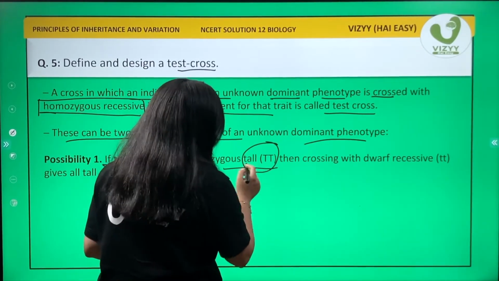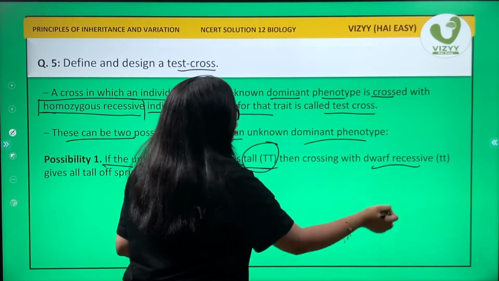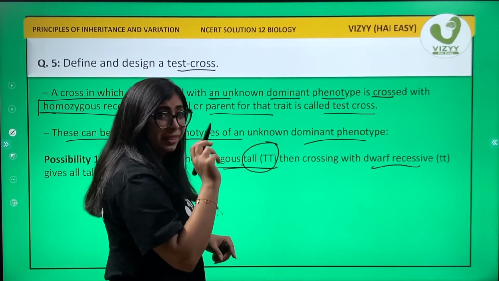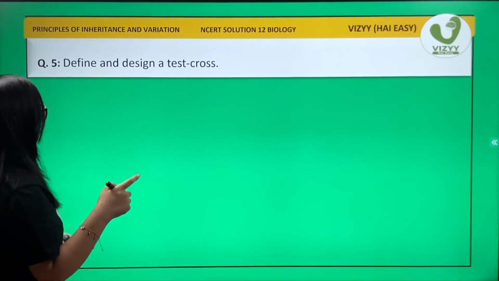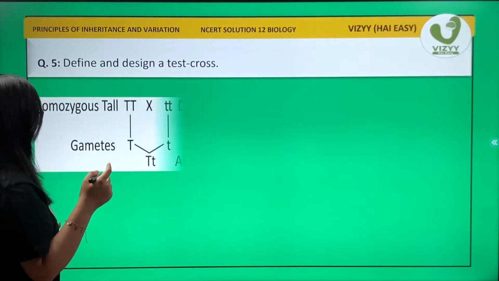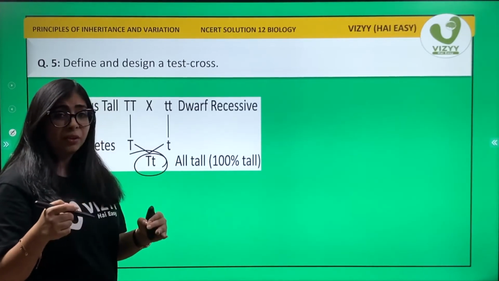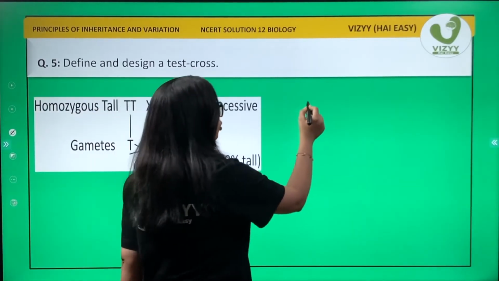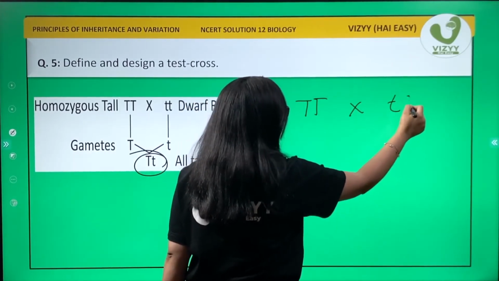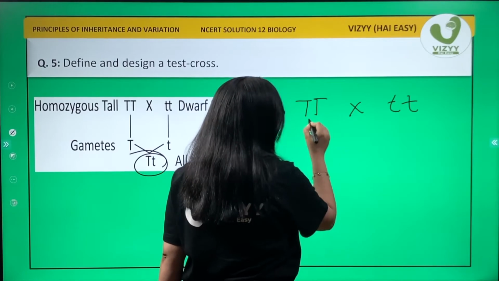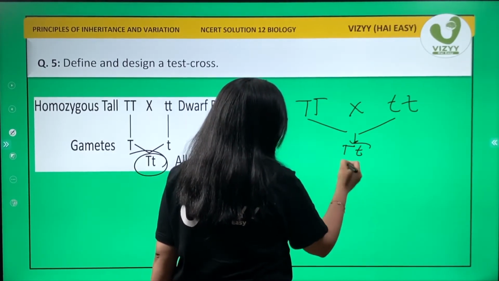When homozygous tall is crossed with dwarf, homozygous recessive, then all the offspring would be heterozygous tall. So when homozygous tall is crossed with homozygous recessive, the answer would be heterozygous tall.